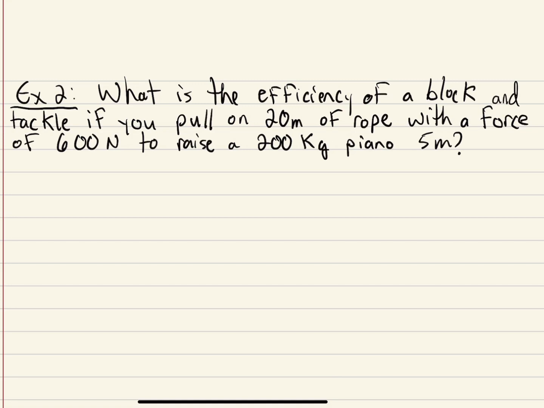The second example reads, what is the efficiency of a block and tackle if you pull on 20 meters of rope with a force of 600 newtons to raise a 200 kilogram piano 5 meters? So the minute we see the force here, we know that this is going to be the work formula, and that this here specifically is the applied force.